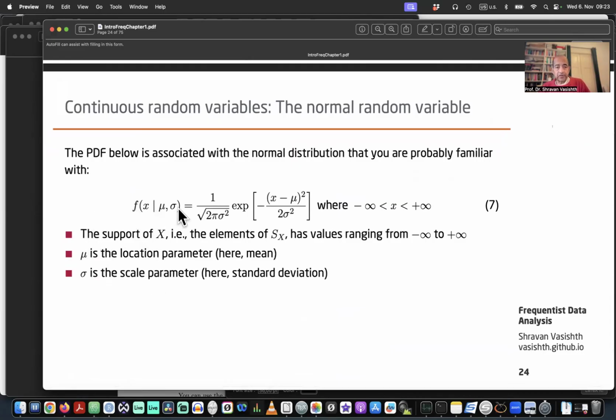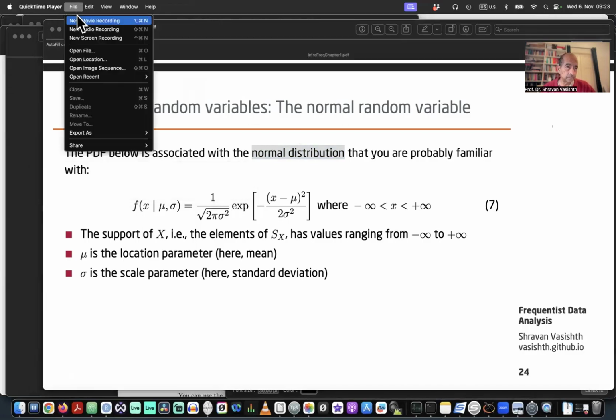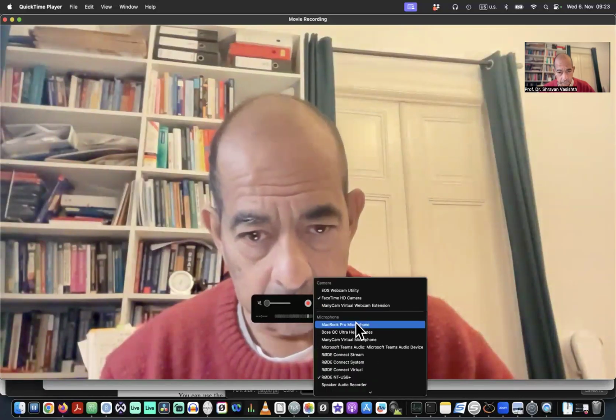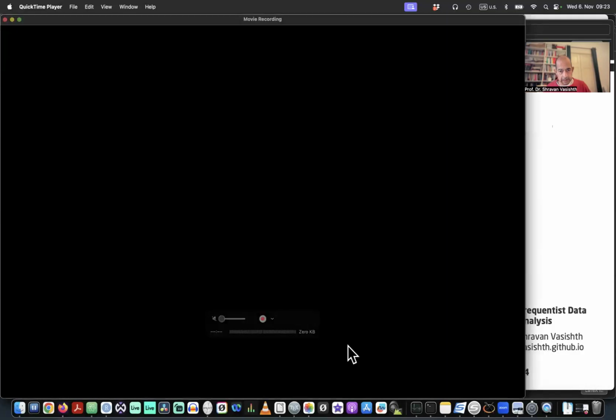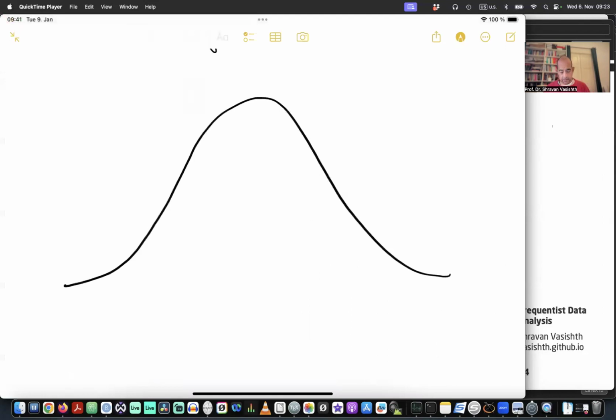This function that I just showed you is the function associated with the familiar normal distribution. So you must have in your life at some point or another seen what they call a bell curve. Okay, so let me just see if I can pull up my iPad, right? So here, there's this characteristic function that you must have seen at some point or another.